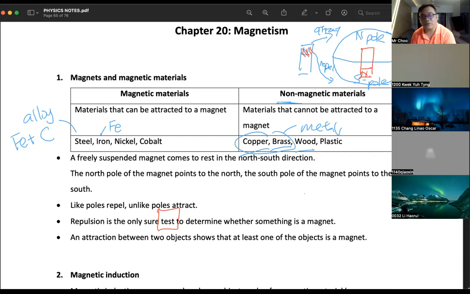Unless you're able to find a line that is the north-south line, then you freely suspend the thing. Or you can also do that: you freely suspend, you keep on spinning it, and every time it always lies in the one direction, then more or less you can tell that it's a magnet. But in school, in exams, the proper way to test is to use the repulsion test. Is that clear, Chelsea?